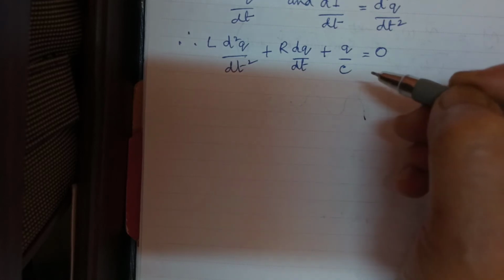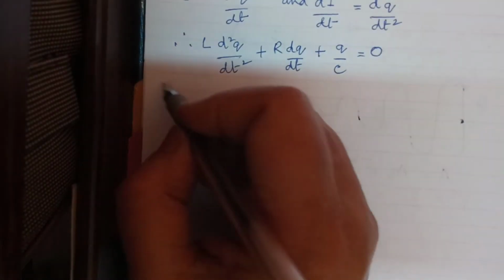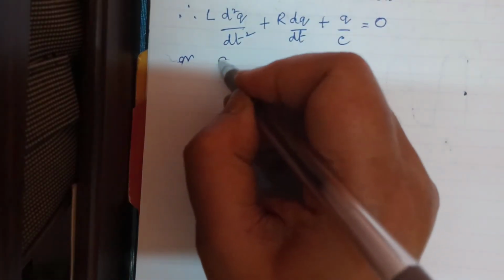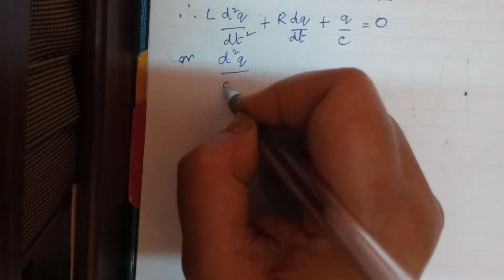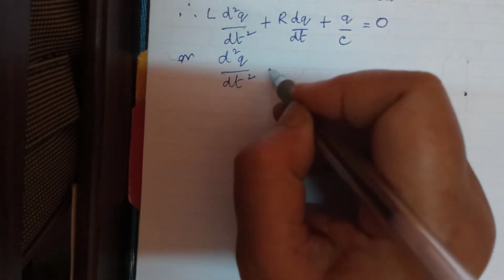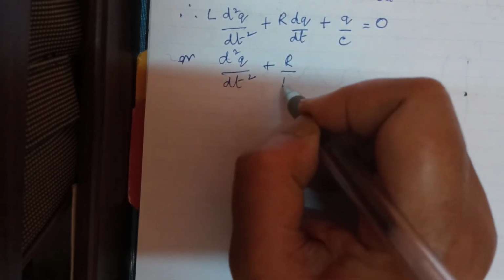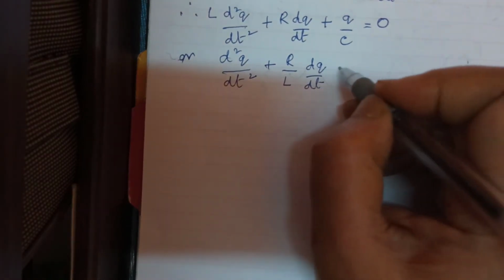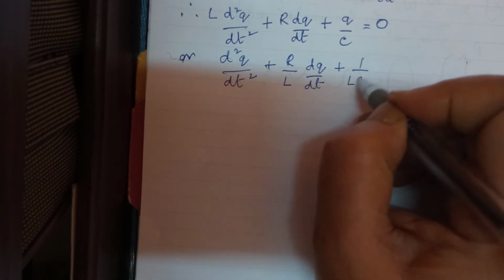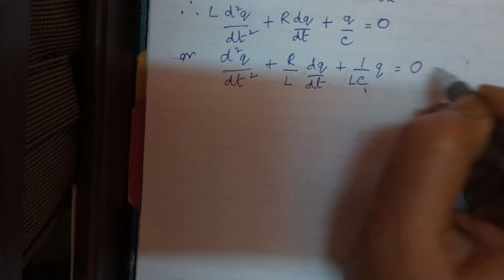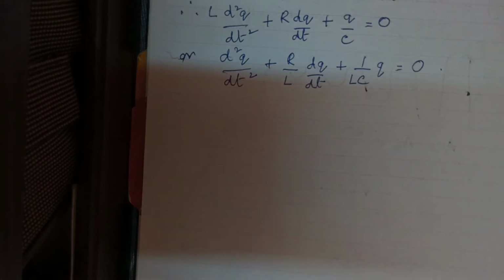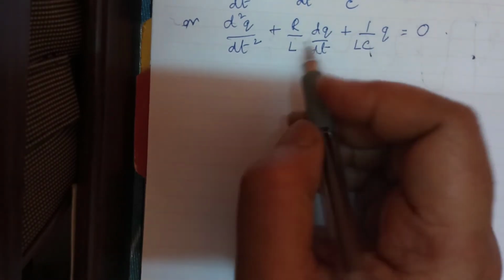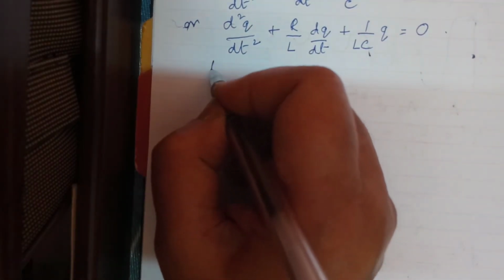So what do you get over here? d2q/dt square plus R by L dq/dt plus 1 by LC q equal to 0, isn't it? This is how the differential equation for a damped oscillatory circuit will evolve, which is similar to your earlier equation.